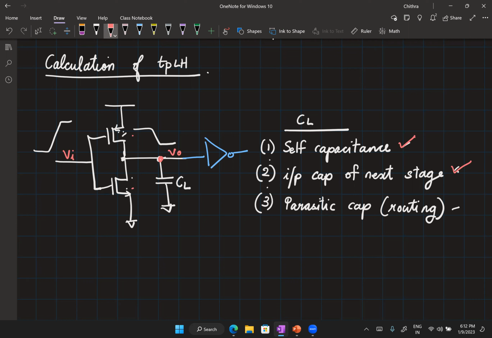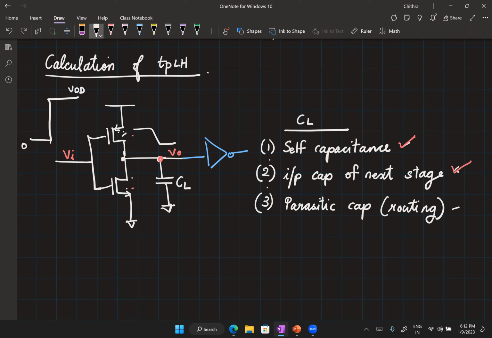So we are going to make some simplifications so that we have equations that you can write on the back of an envelope and then do calculations. Okay. So the first assumption is that our input has a step response. So at t equal to 0, it immediately jumps from 0 to VDD.